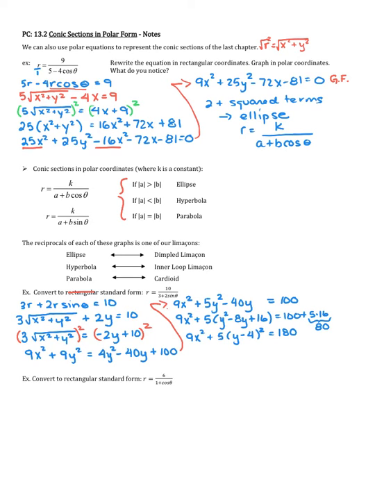And our last step is to divide everything through by 180, which leaves me with x squared over 20 plus y minus 4 squared over 72 equals 1. And that then would be putting it into standard form.